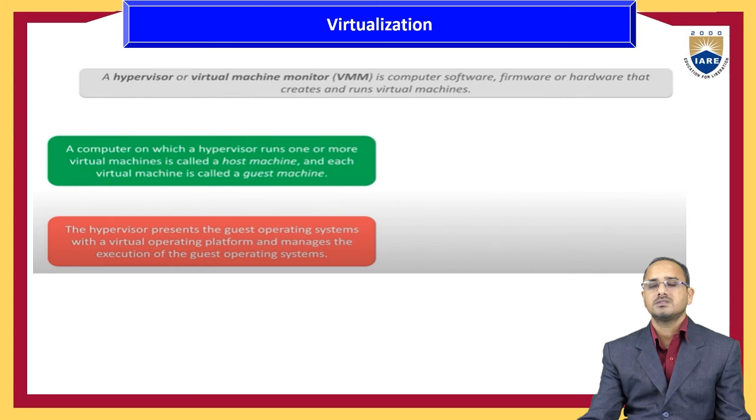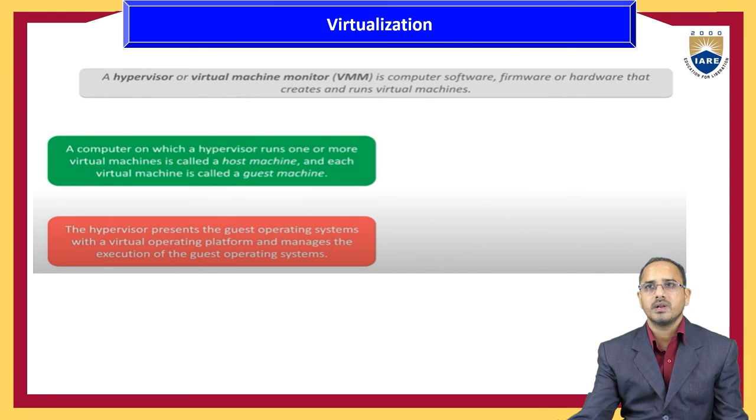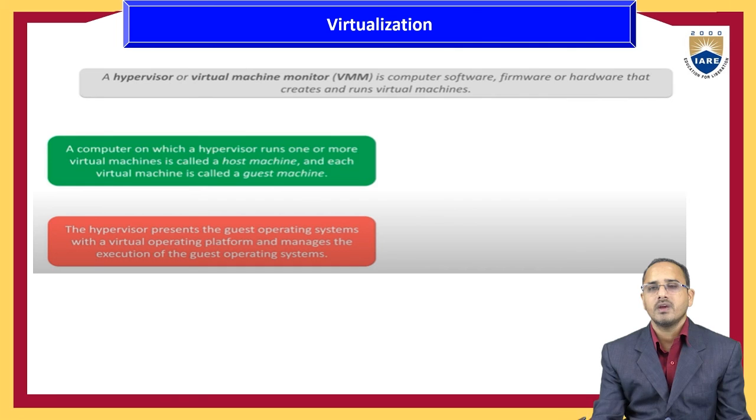If you have installed Windows on the host, you can install any other operating systems on the guest machines. If you have installed Linux on the host system, even then you can create virtual machines with different guest operating systems installed on the guest machines.